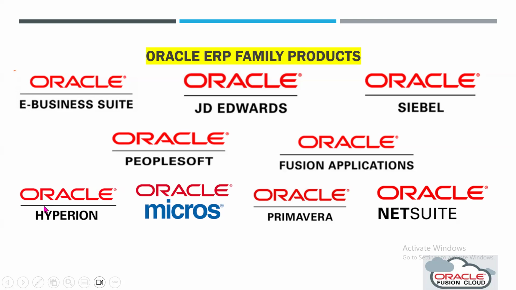The most important things are E-Business Suite and Oracle Fusion application. These are the two ERP products owned by Oracle. The first one is E-Business Suite, which is an on-prem application.